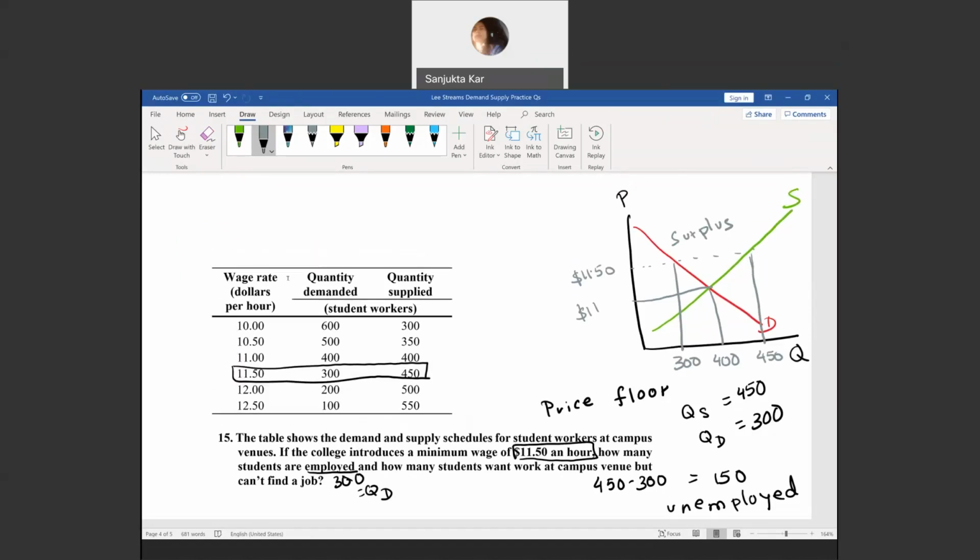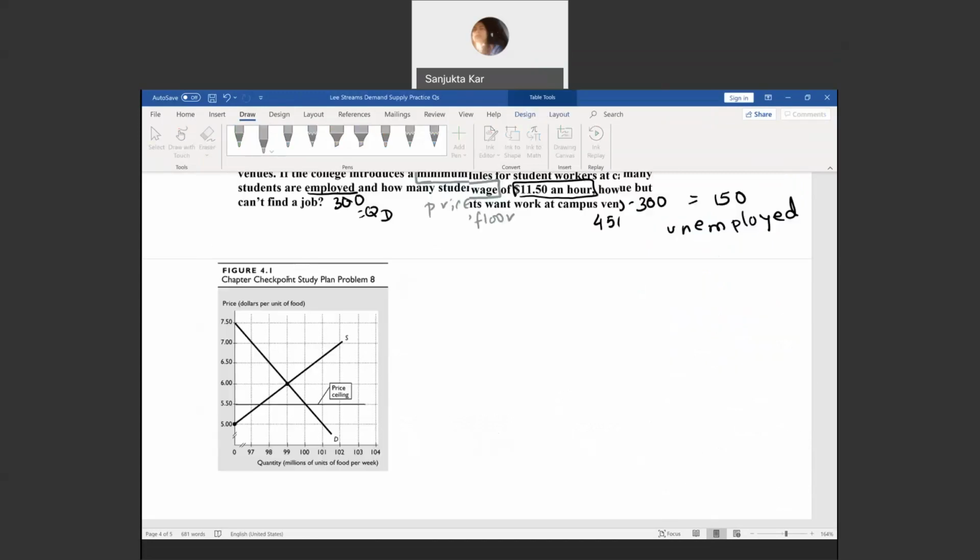Now, the thing about price floor, we can't go below the floor price, but definitely we can come above the floor price. When they talk about minimum wages, they are definitely talking about a price floor. Okay.